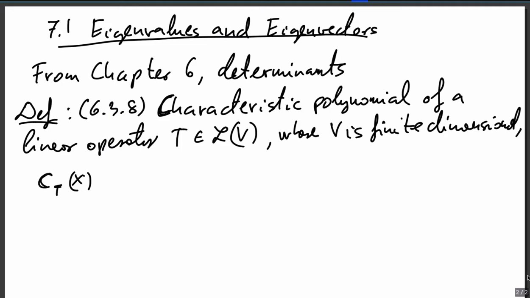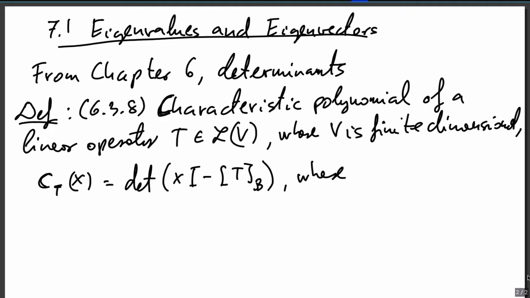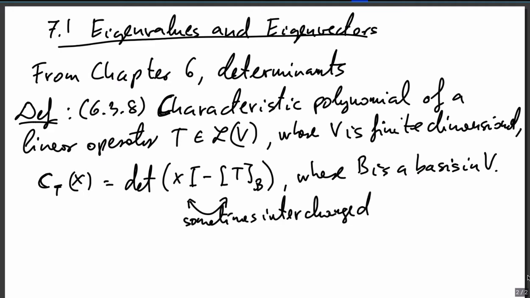Sometimes P is used for that. And it's the determinant of xI minus the matrix representation of T in a basis B, where B is a basis in V, as I mentioned. Sometimes the characteristic polynomial is defined by interchanging the order of these two terms, which means that then there is a change in plus minus sign. Some basic properties of this characteristic polynomial of a linear operator.